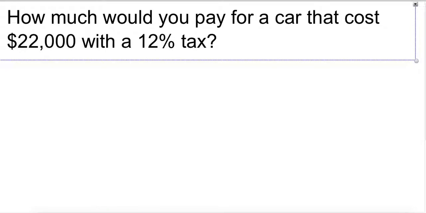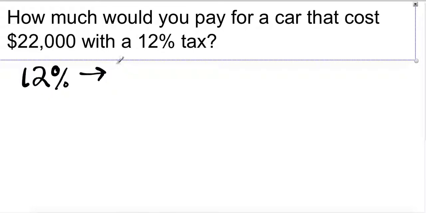In our next example, we're trying to calculate how much we'll pay for a car that costs us $22,000 with a 12% tax. Now, we have our subtotal. We know that's $22,000. My next step is to turn my percentage into a decimal. So, what we're going to be doing is we are going to first turn our 12% into a decimal.